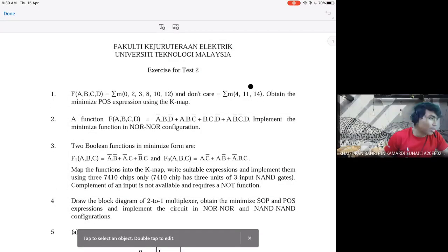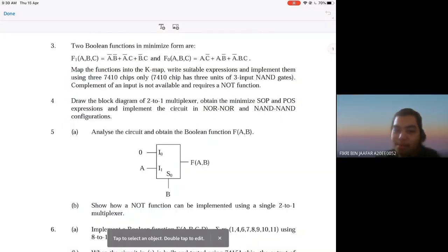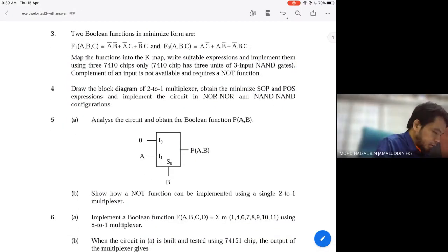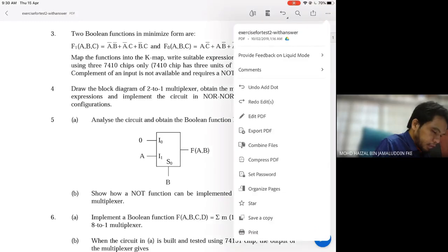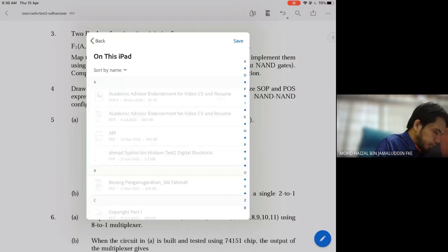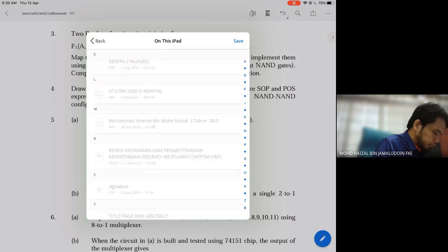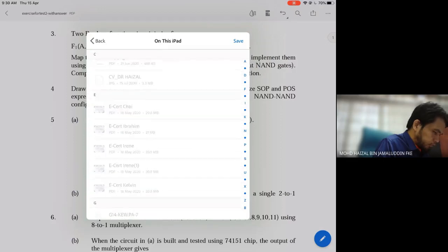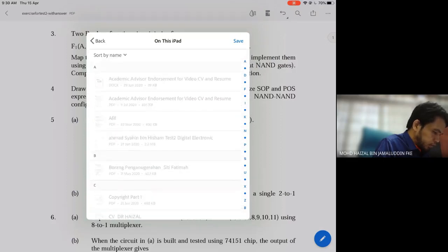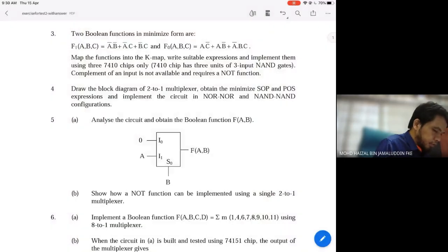Cuba saya convert ke Word ke. Oh, satu hal pula. Dia kena save ni. Save a copy on this iPad. So, letak dia mana kat mana ni. Student ni punya. Saya save aja kat sini.